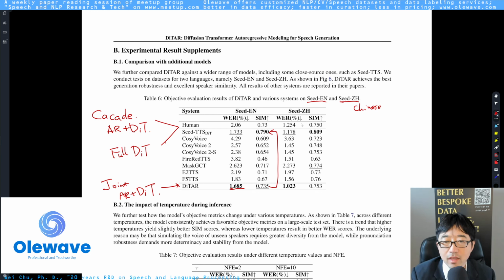You can see Seed-TTS has the best similarity for English and Chinese, but their DiTAR has better word error rate. I would like to see the MOS scores, but there are no MOS scores here.